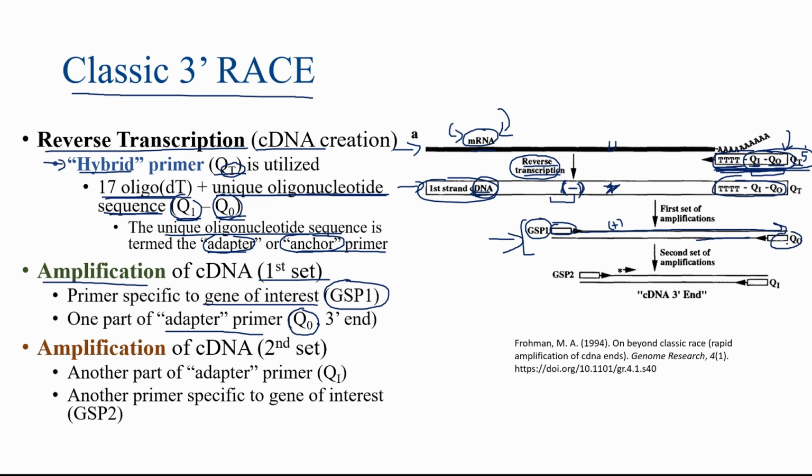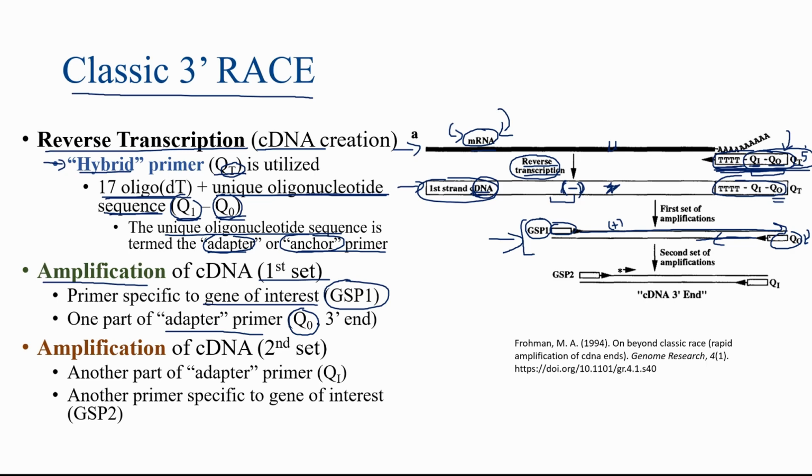On the other hand, you can see here that you have a QO. Now, the QO here is binding to the 3' end, and it's extending this way. But if you think about it, this QO cannot possibly bind or complementarily bind to this QO sequence.